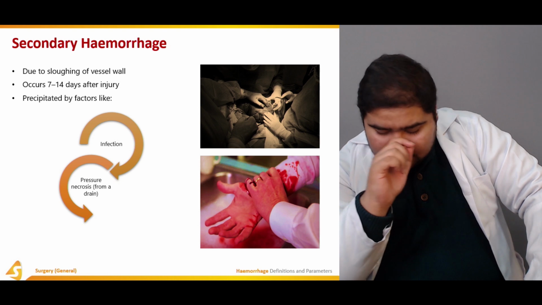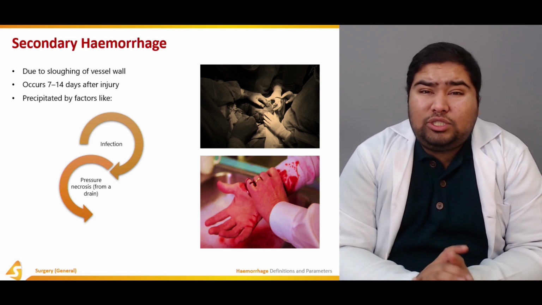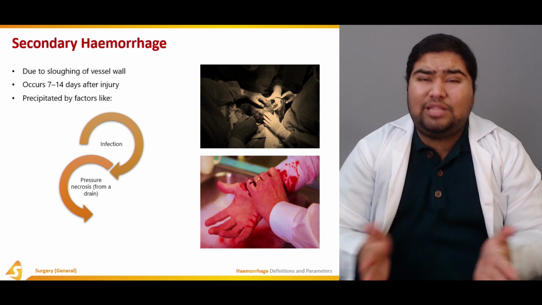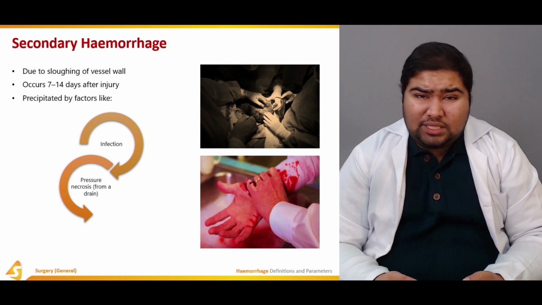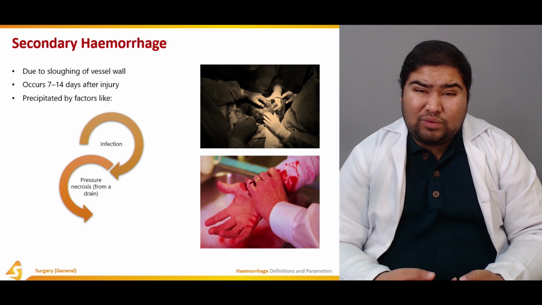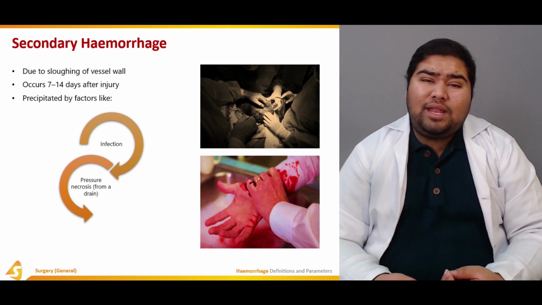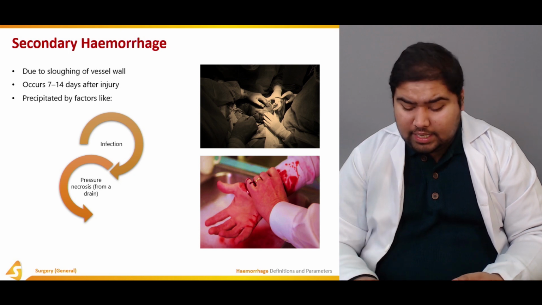So why is that important? Whenever you close a wound, there should not be pressure on either of the sides. That is important because if there is pressure, the tissues involved might get necrosed, and the necrosis can further be a cause of secondary bleeding.